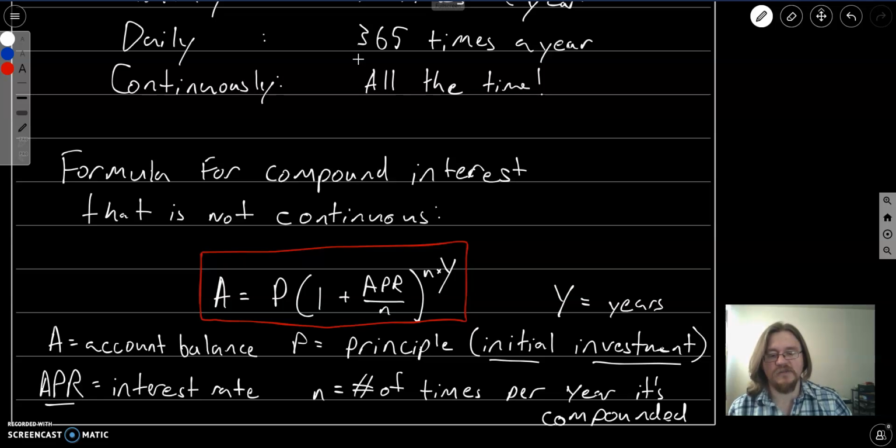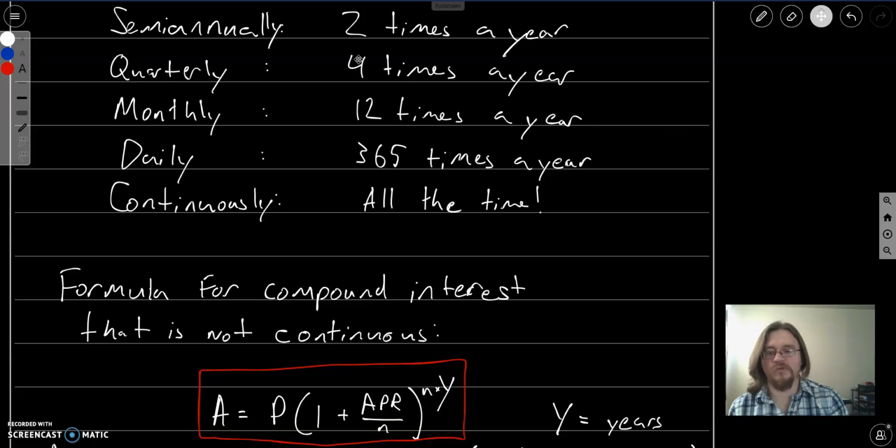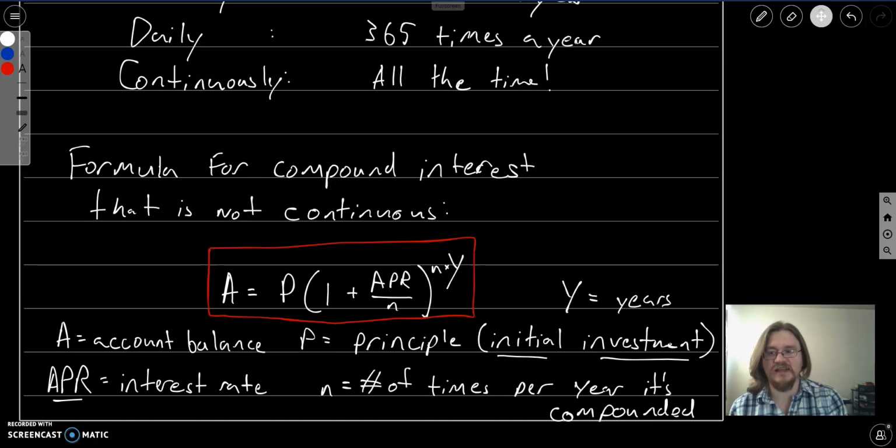And then n is going to be how many times per year it's compounded. So for instance, if we are compounding our interest semi-annually, n is going to be 2, because we're going to do it 2 times a year. If we're going to compound interest daily, that means that it's going to happen 365 times a year. So n would be 365. And then y is just how long we are going to invest it for in years.